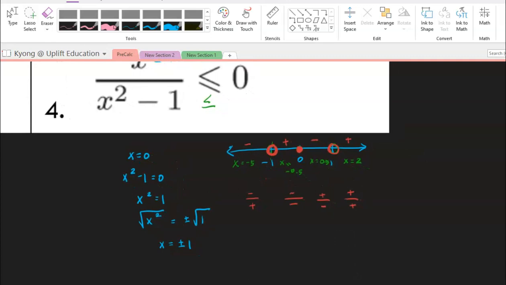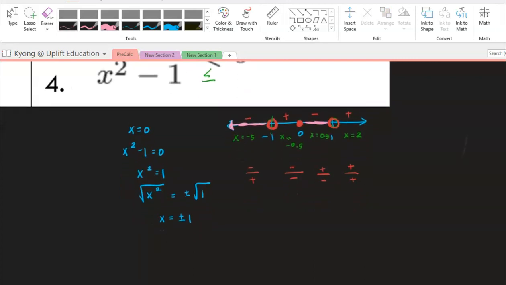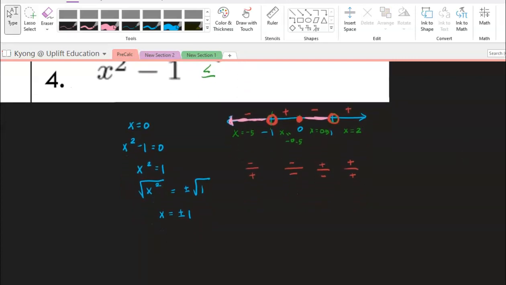Okay, so we need ones that are less than. So it's going to be over here. Wow, this is some ugly color combination. Okay. And then that means my inequality is going to be x is less than -1, or x is between 1 and equal to 0.